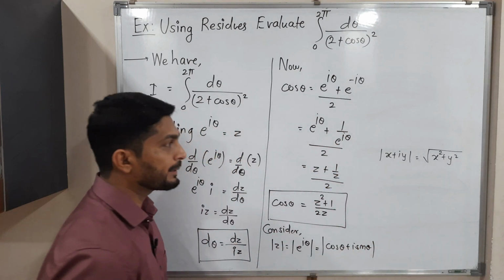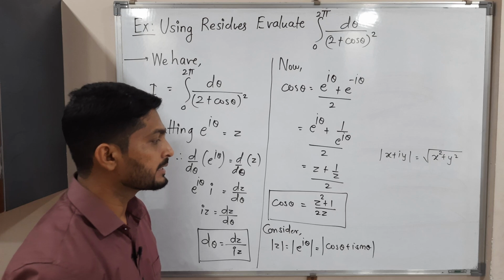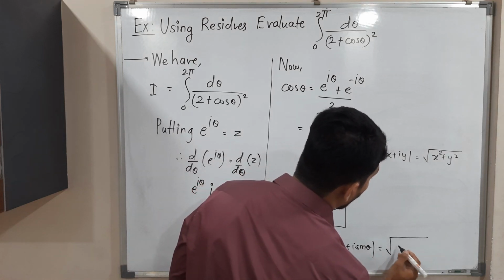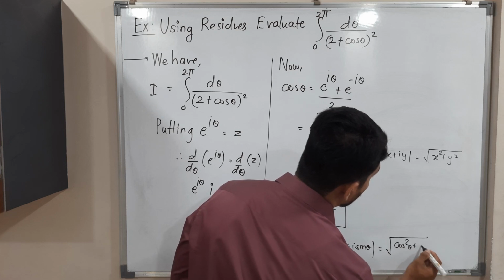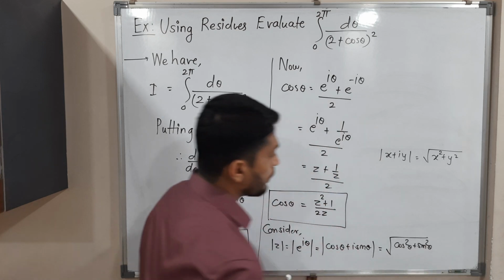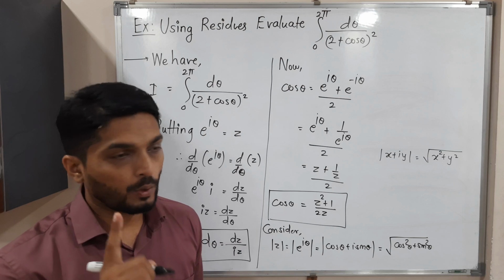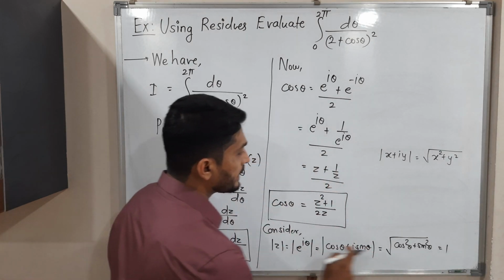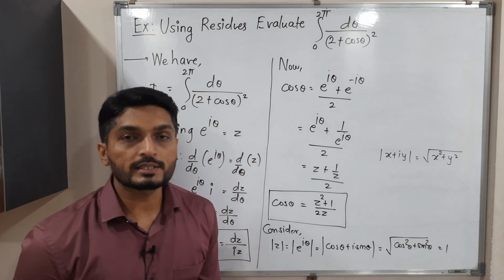I can apply this formula here. x is cos theta, y is sin theta. So this is equal to root cos square theta plus sin square theta. Cos square plus sin square is always 1 and root of 1 is 1. So we get mod z is equal to 1.